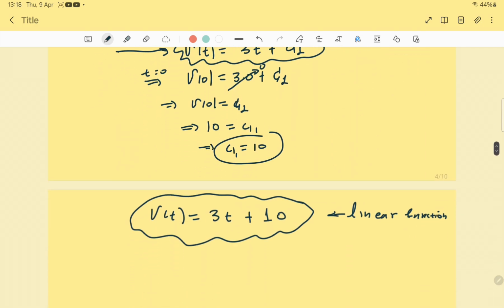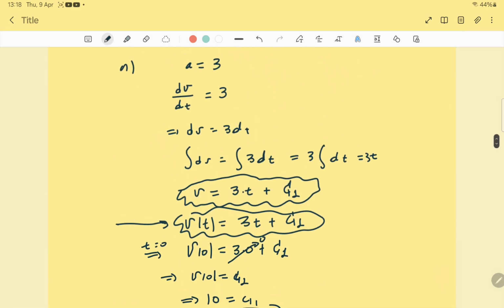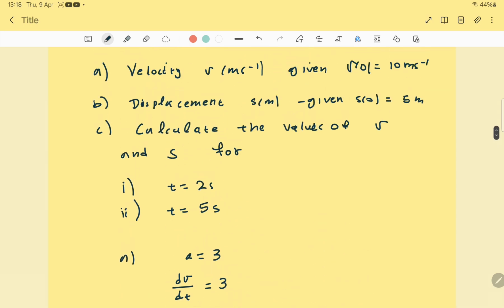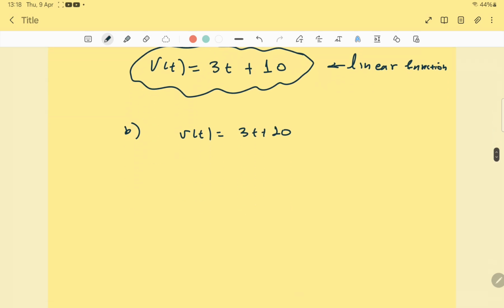Now to find the displacement, we have that v of t equals 3t plus 10. We have to integrate v, integrate both sides, to find the displacement.